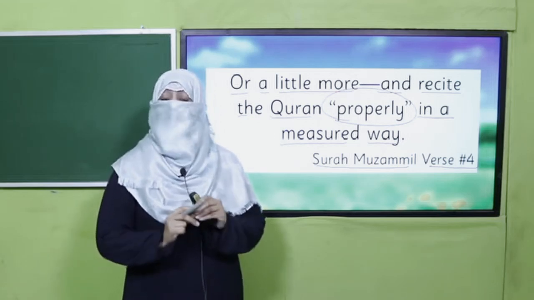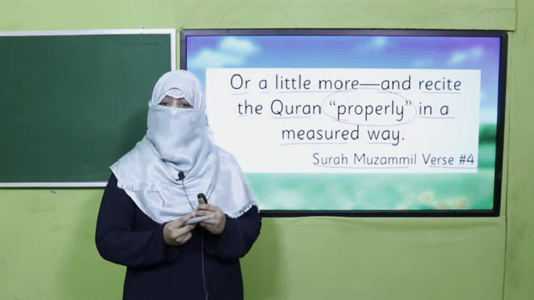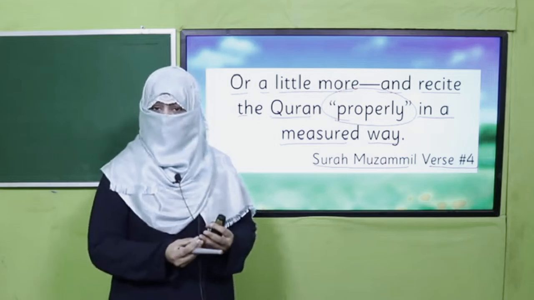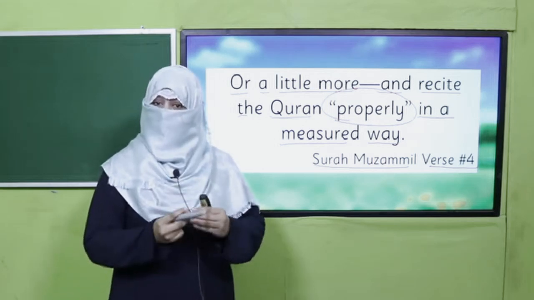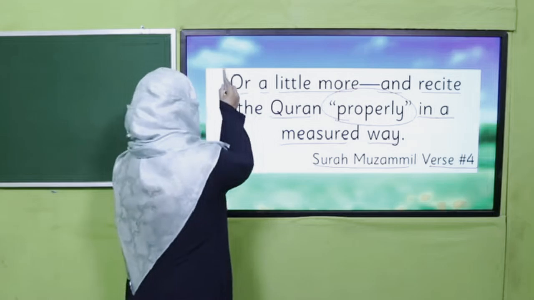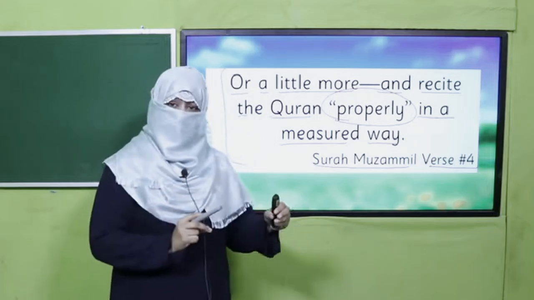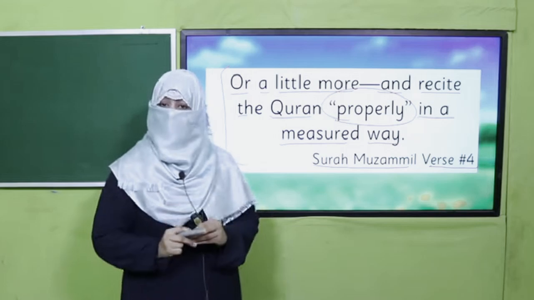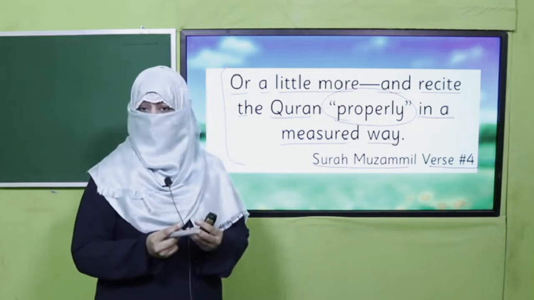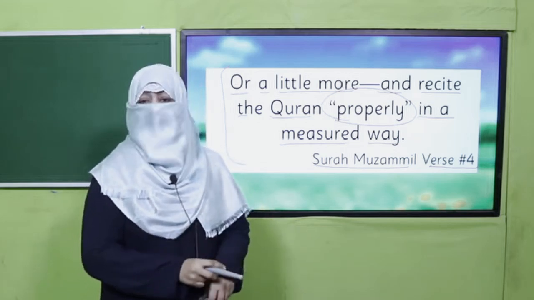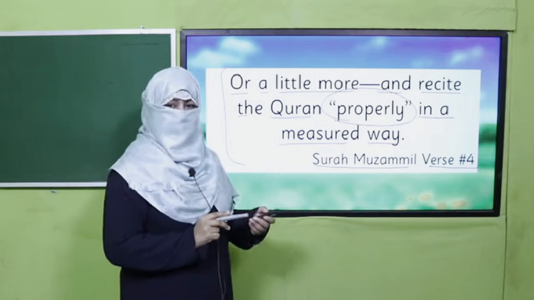So Allah subhanahu wa ta'ala wants us to recite Quran properly. It means when we have to recite Quran properly, we have to learn how to recite it properly. Likewise, whenever we want to say something properly, we have to learn it. And that is what we are going to do today, inshallah.